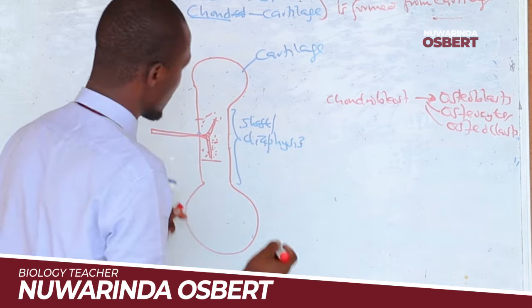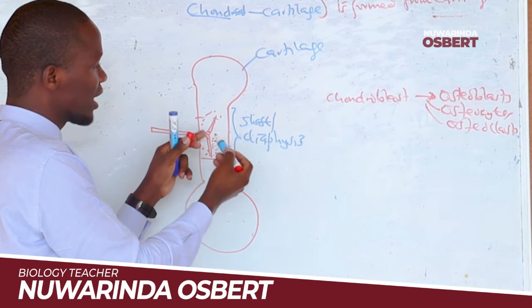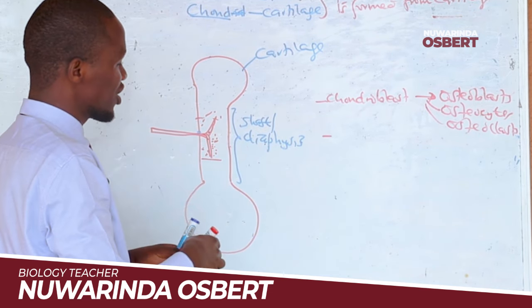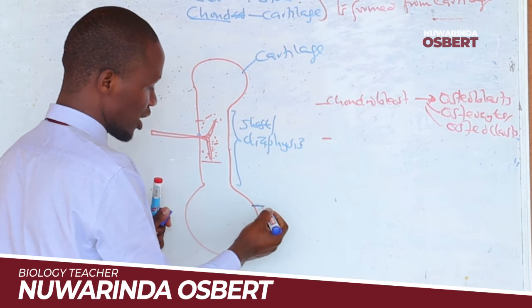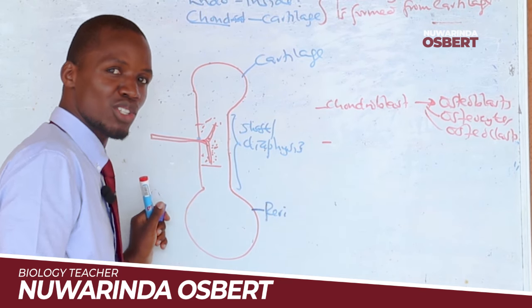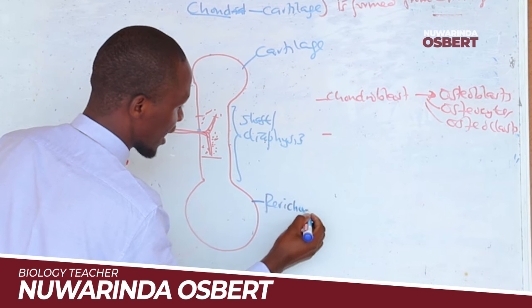And at the same time, when the blood vessel penetrates and enters into this region here, remember, if it was a cartilage, the membrane which was surrounding the cartilage, we were calling it, do you still remember? It was called perichondrium. This was the membrane which was surrounding the cartilage.